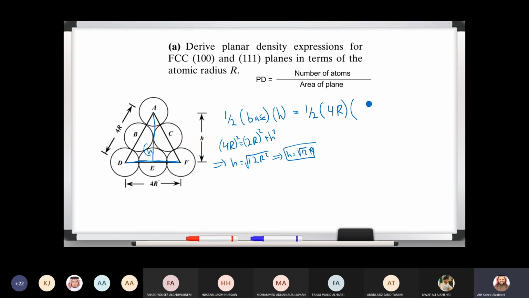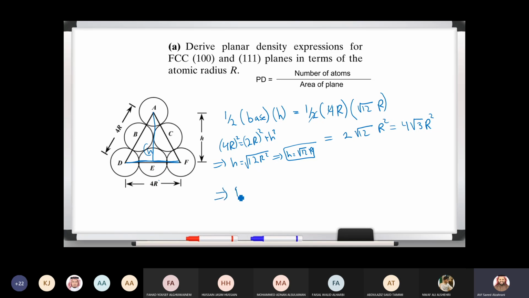So we can put here also square root of 12R, meaning that we can cancel out this one here. So it will be 2 square root of 12R. We can simplify it further. This one is 3 times 4, so we can say it's 4 square root of 3R squared, sorry, because it's an area.